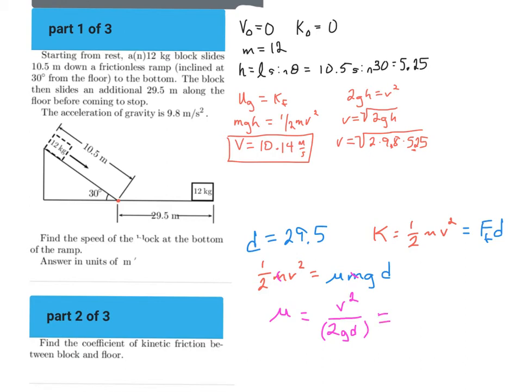So our velocity is 10.14 squared, and that's divided by 2 times 9.8 times the distance, my distance being 29.5.